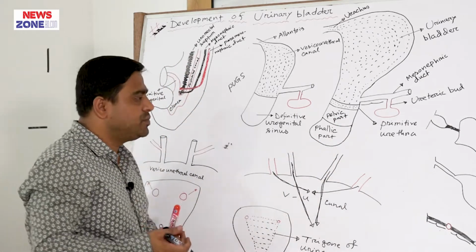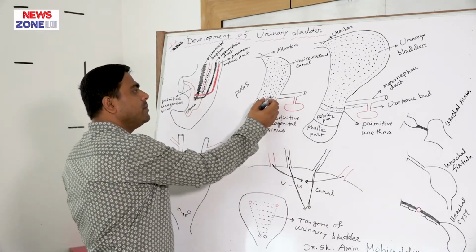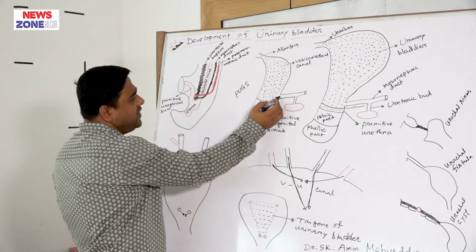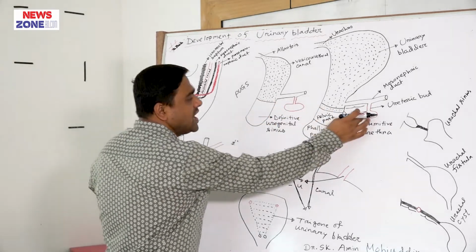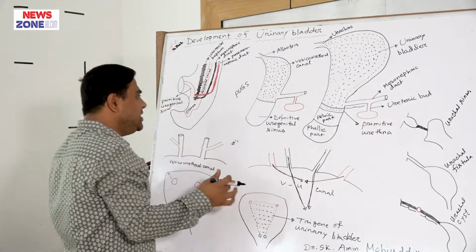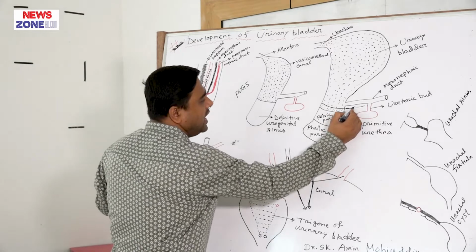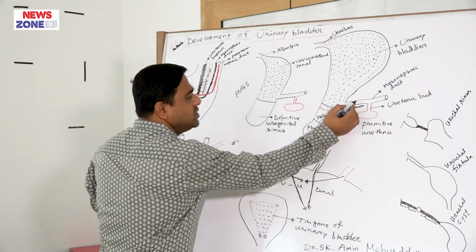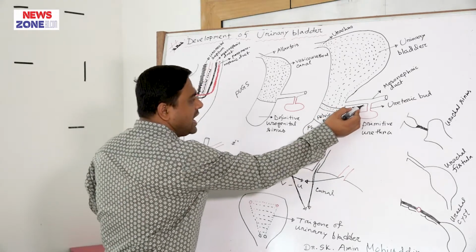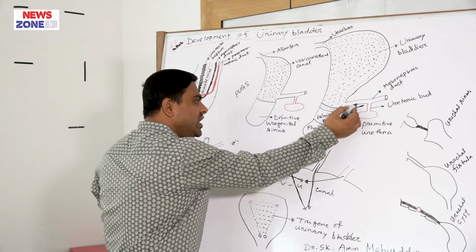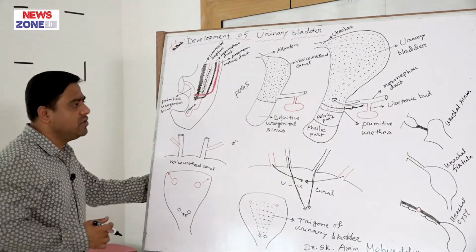which is the dilated part. Before entering the vesicourethral canal, the mesonephric duct forms a bud, and this bud is known as the ureteric bud. Later, the portion between the appearance of the ureteric bud and the entrance of the mesonephric duct into the vesicourethral canal ultimately gets incorporated into the urinary bladder or vesicourethral canal.